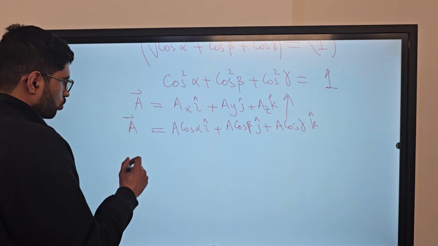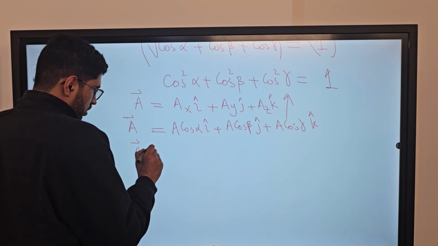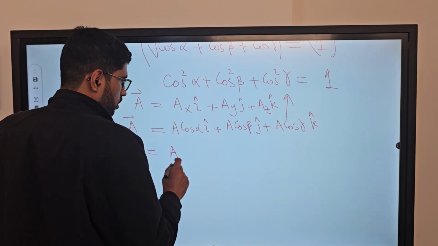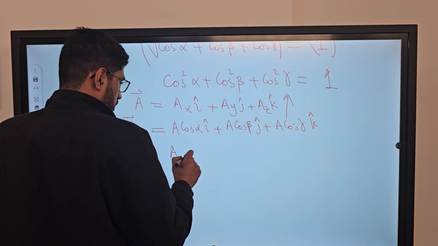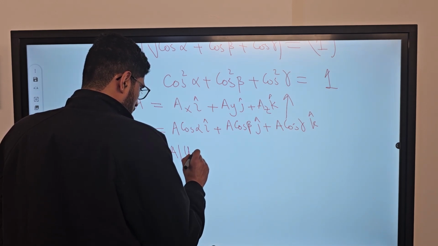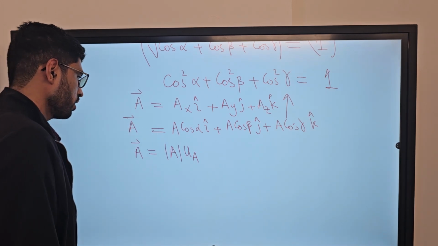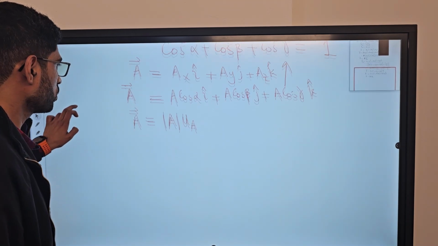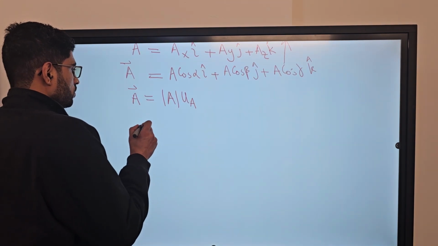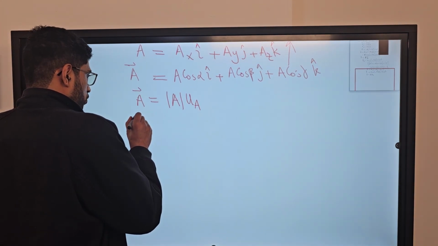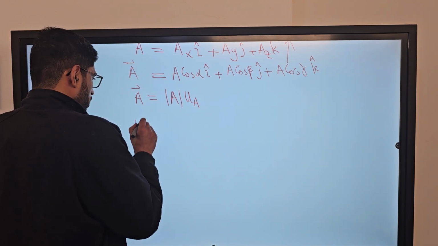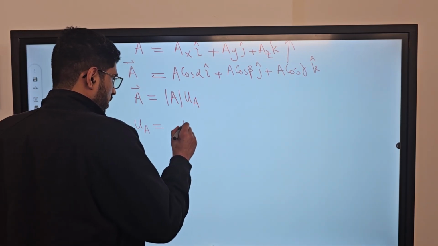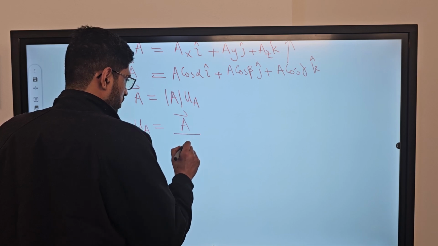We also know that this vector a is equal to its magnitude times the unit vector along vector a. So now we can say that the unit vector a will be equal to vector a divided by its magnitude.